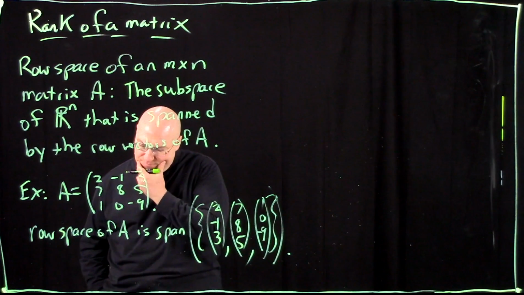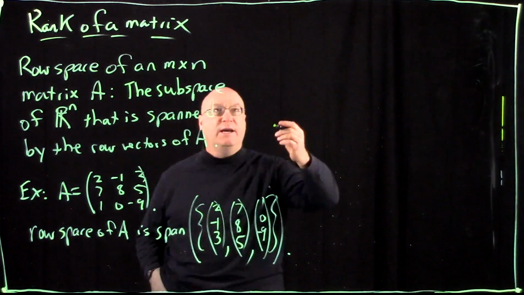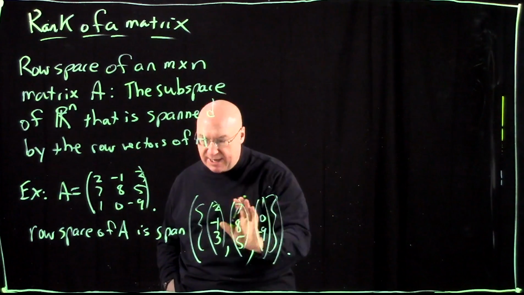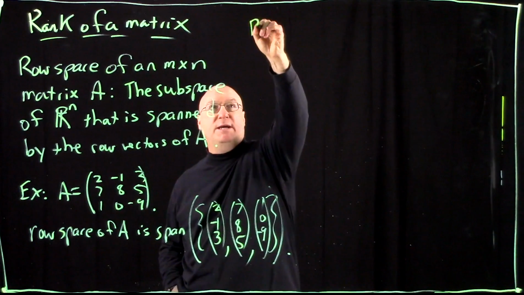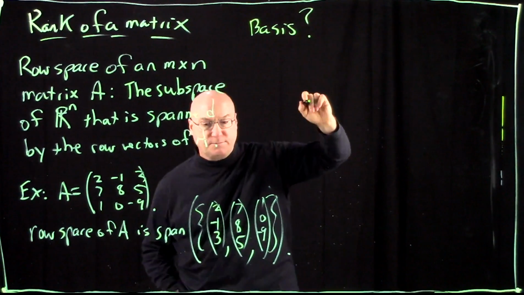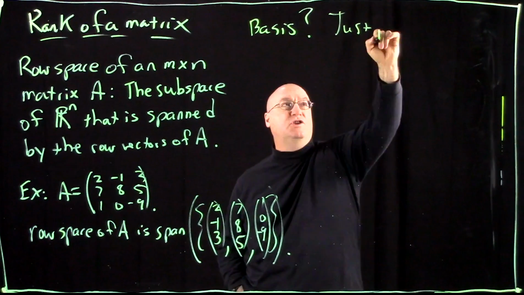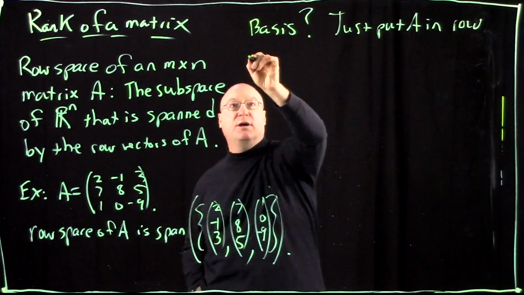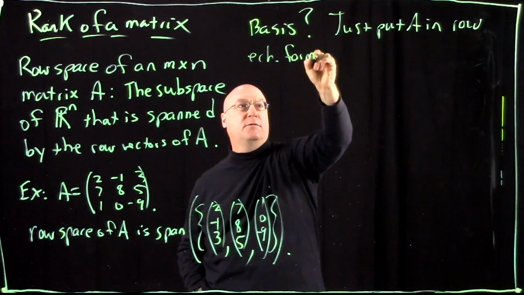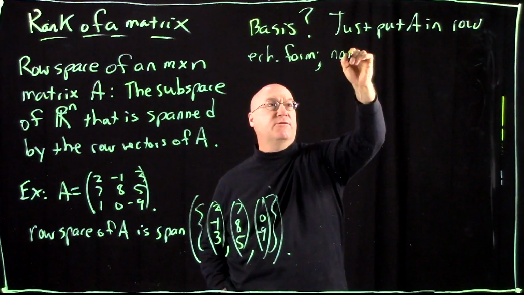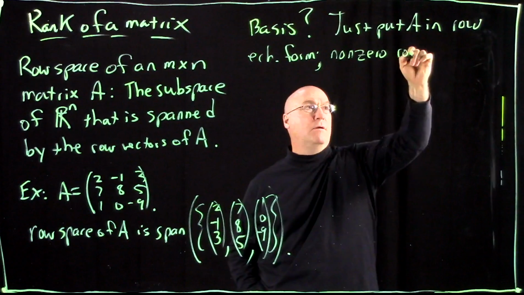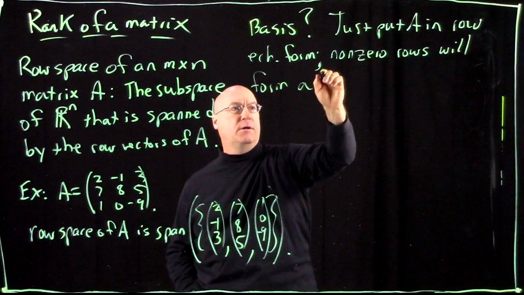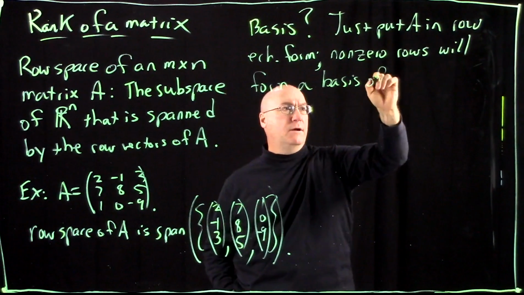So this is a spanning set for the row space of A. For a basis, just put A in row echelon form. The non-zero rows will form a basis of the row space of A.